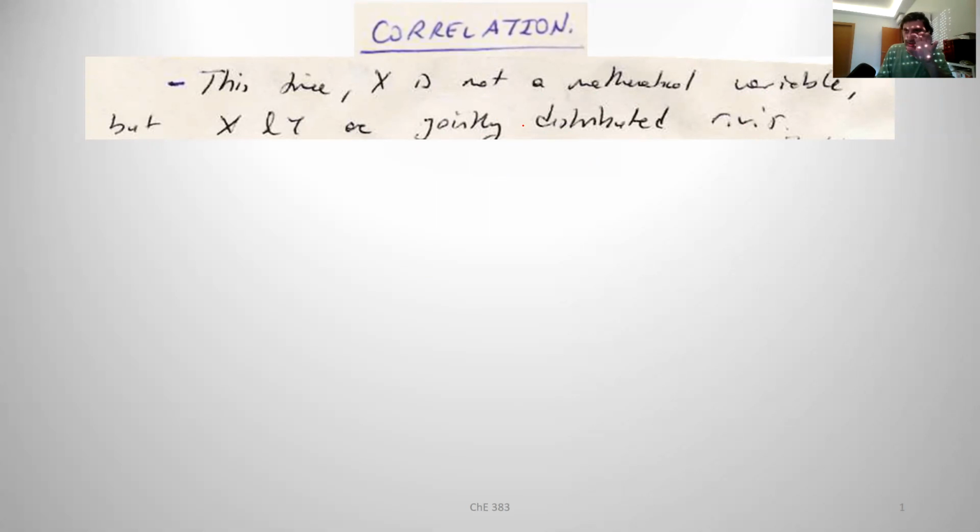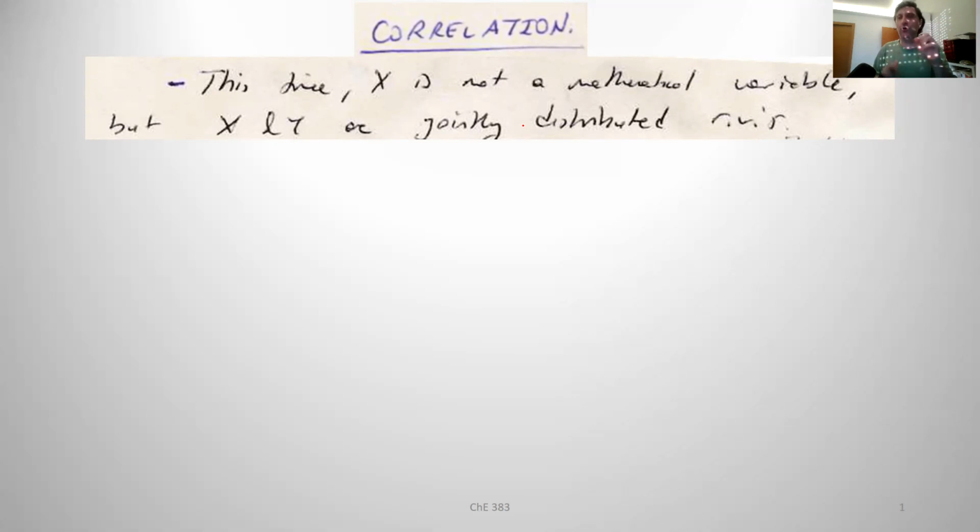If on the other hand there is a mathematical variable here, which for instance in regression we have used, manipulated x values and some y values, then the corresponding study will be called a control study.